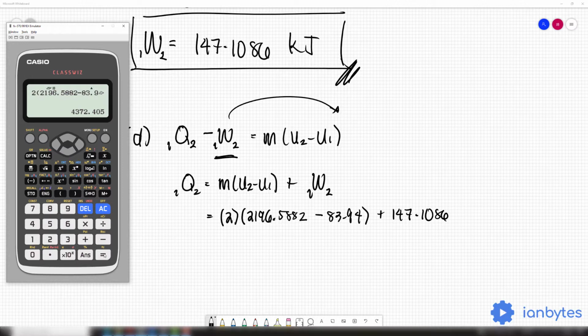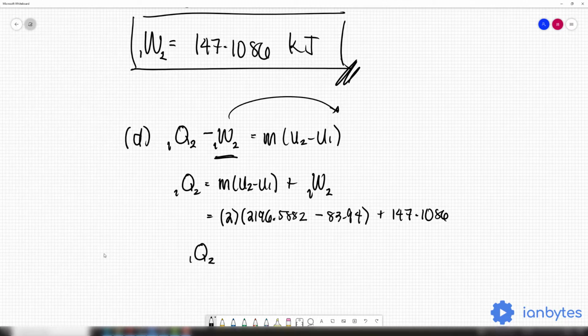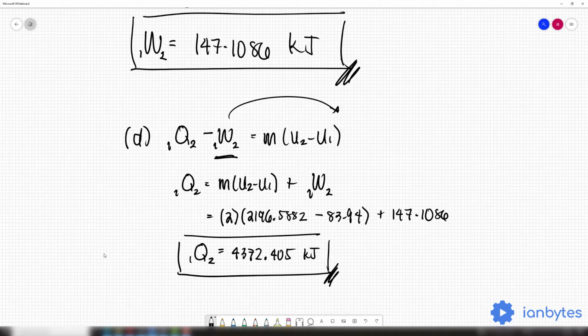Our final answer is 4,372.405 kilojoules. Q12 is equal to 4,372.405 kilojoules. This is now our final answer for letter D.